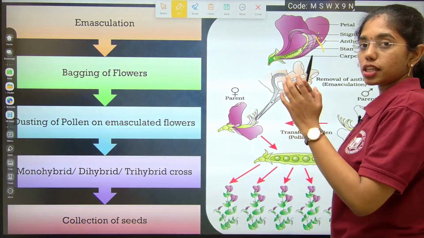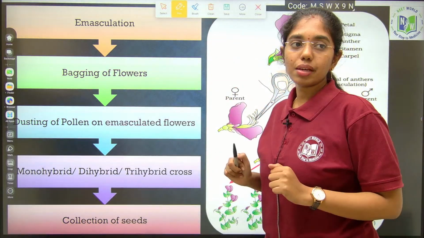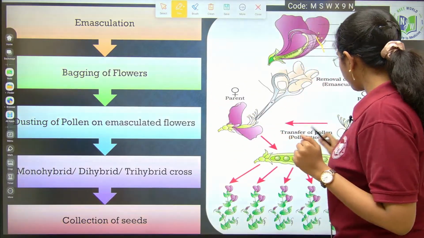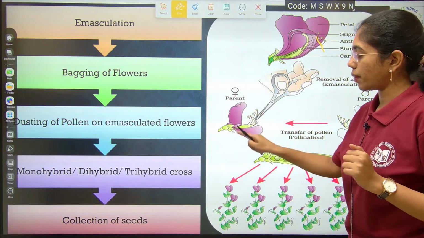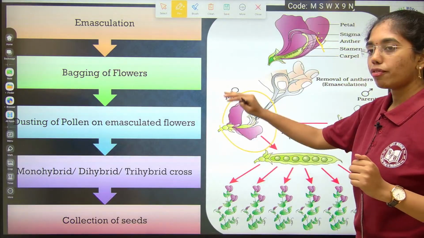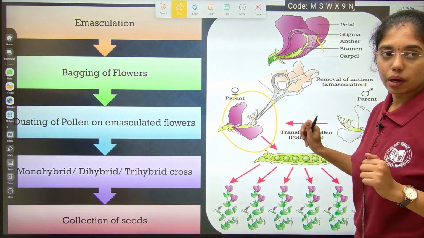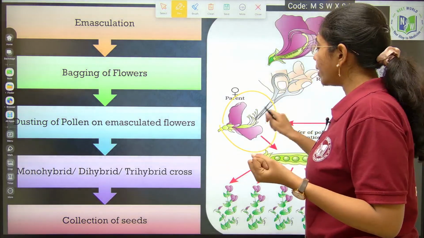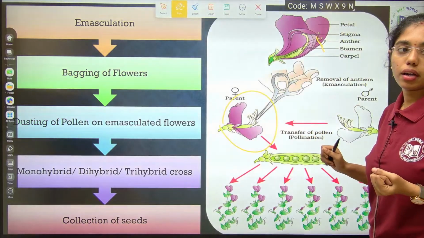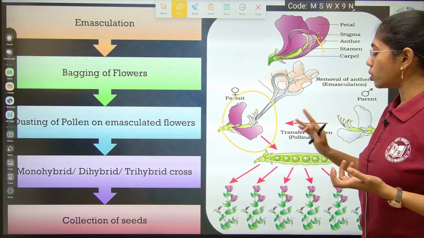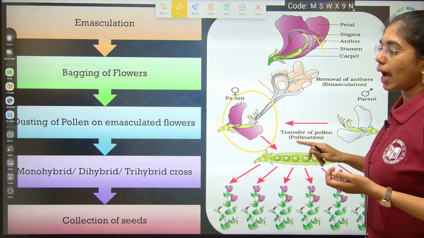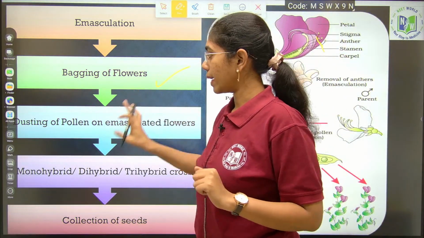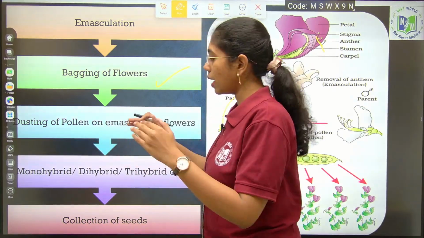From a bisexual flower, what is the initial step we have to do? We have to cut the anthers. Then we have to bag up this flower. After emasculation, we have to bag up the flower with a polythene cover. Then the pollen grains of desired interest should be dusted on the stigma, after which it has to be rebagged again. So after emasculation and bagging, you will dust the pollen grains and rebag it.